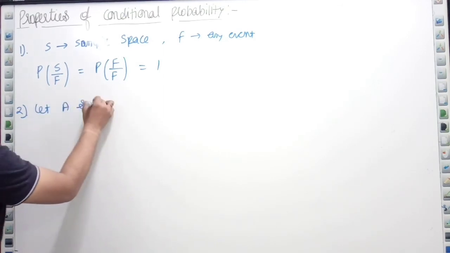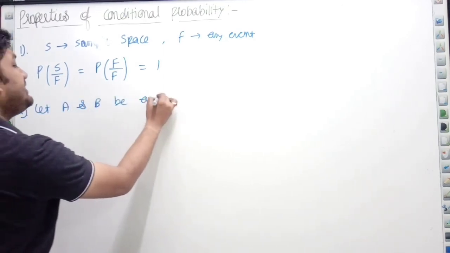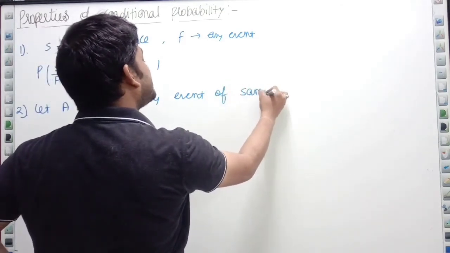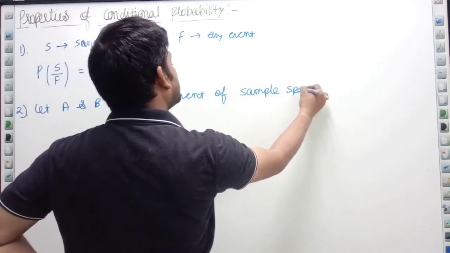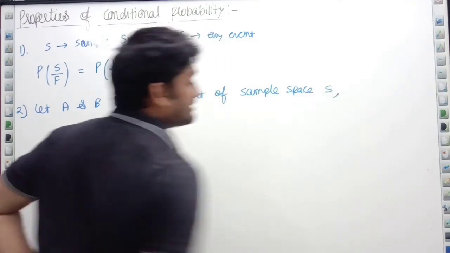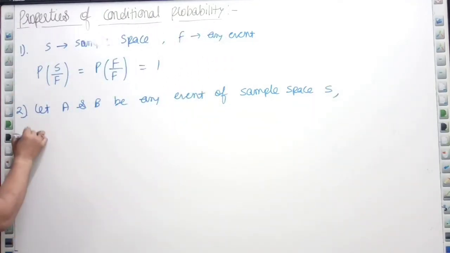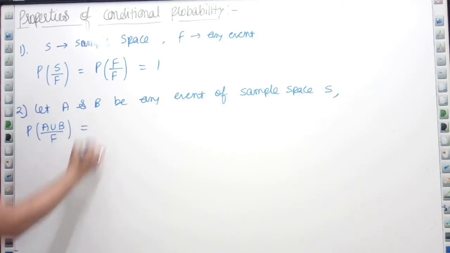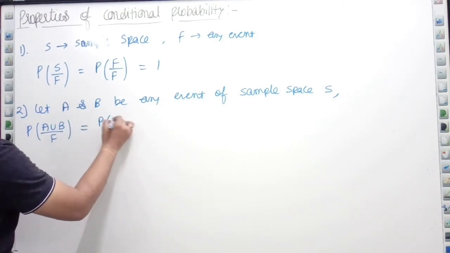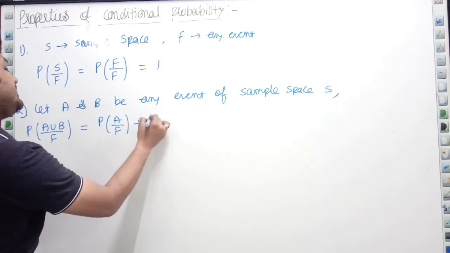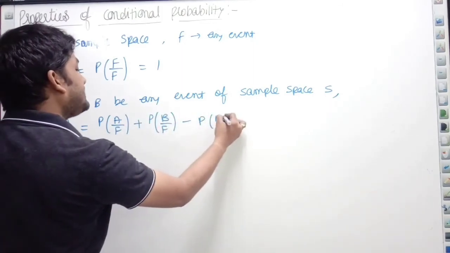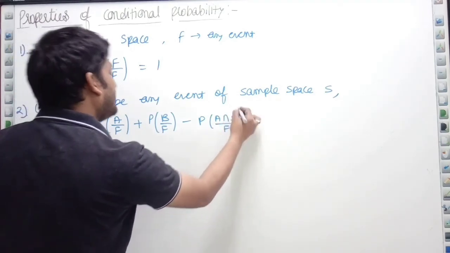Second property: let A and B be any events of sample space S. Then we can write P(A union B upon F) is equal to P(A by F) plus P(B by F) minus P(A intersection B upon F).